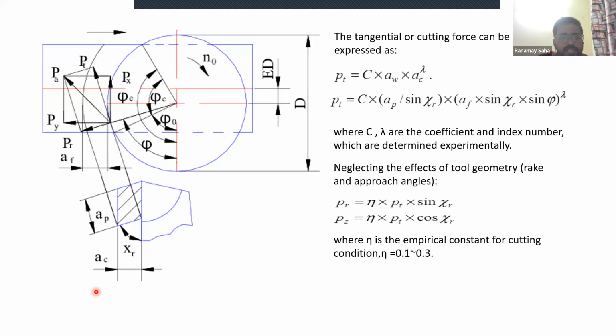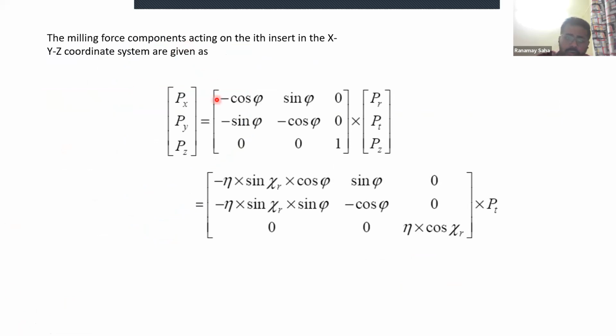Now you plug it in the matrix for rotation. So this happens to be the rotation matrix, minus cos phi, sine phi, minus sine phi, minus cos phi, 0, 0, 1 in the z direction, and these are the radial, tangential, and this is the axial force.